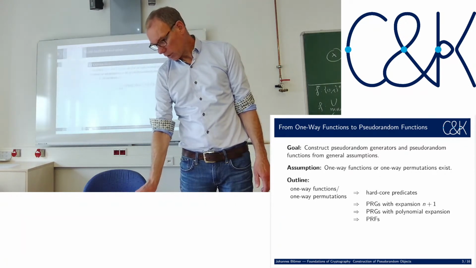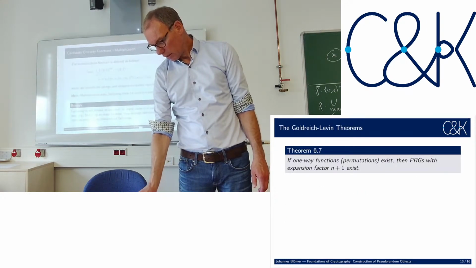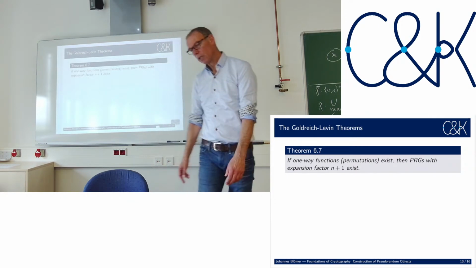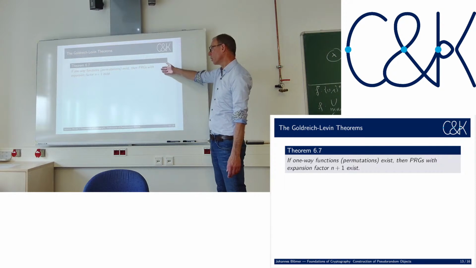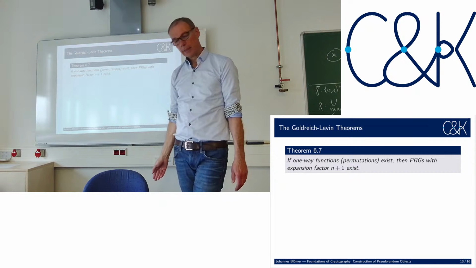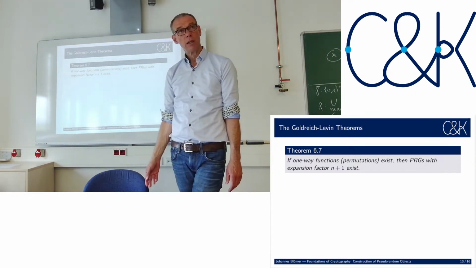This goes back to Goldreich and Leonid Levin in the mid-1980s. And in fact, they directly basically showed that then PRGs with expansion factor n+1 exist. This is often called the Goldreich-Levin theorem.